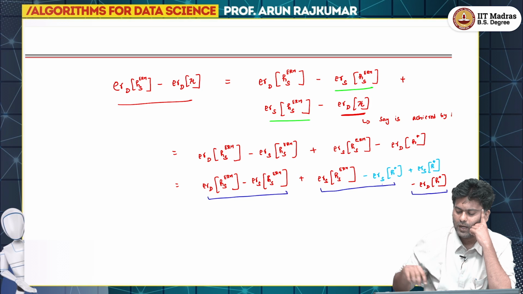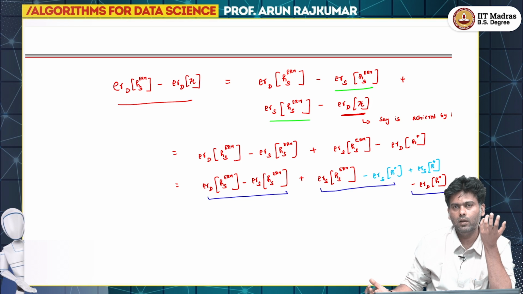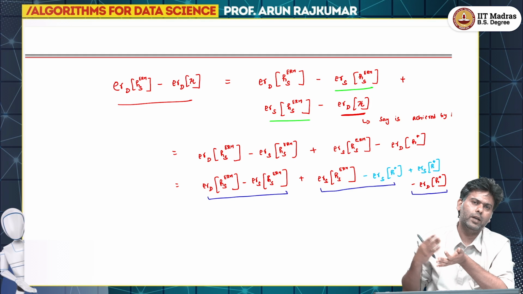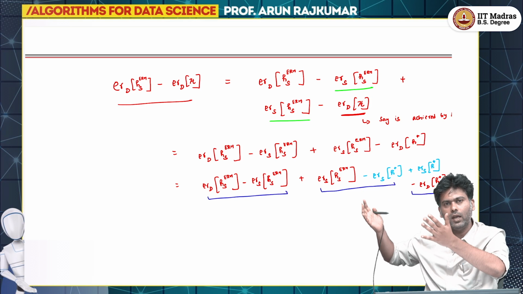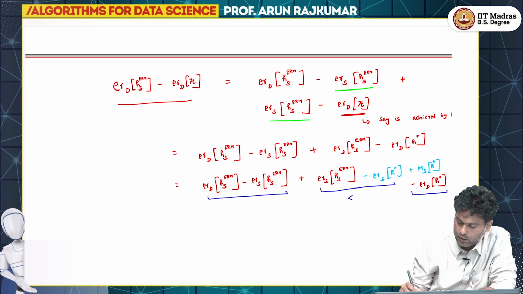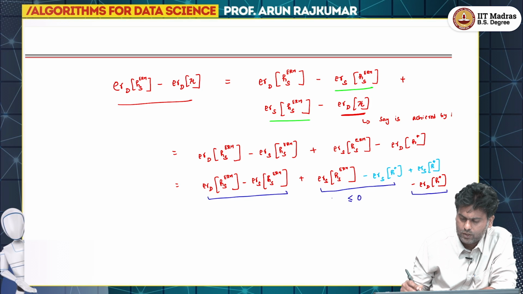So when I compare its train error to any other classifier's train error, the ERM's train error should be smaller than any other classifier's, and in particular, it has to be less than or equal to the train error of H star. H star is best for something else, not for the train data. So I know that this quantity is less than or equal to 0, because RS of H star is necessarily greater than or equal to RS of H ERM.